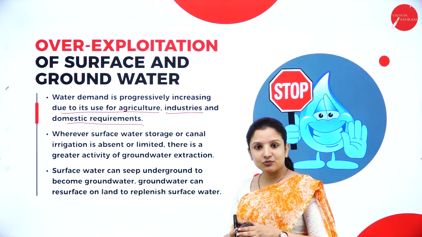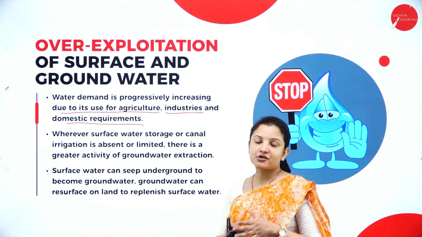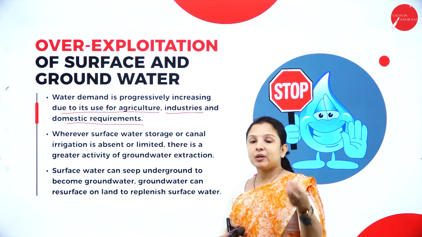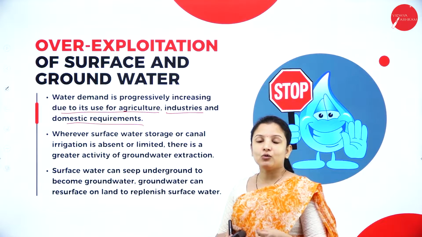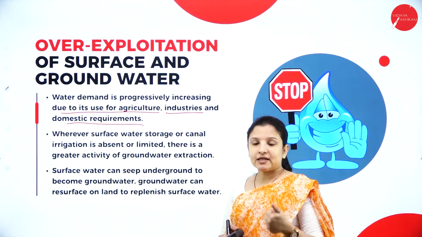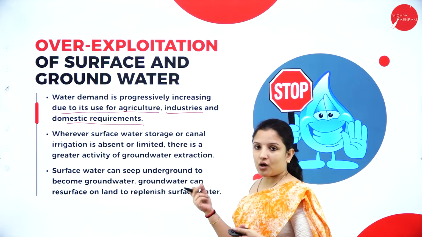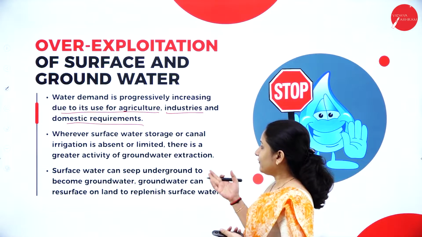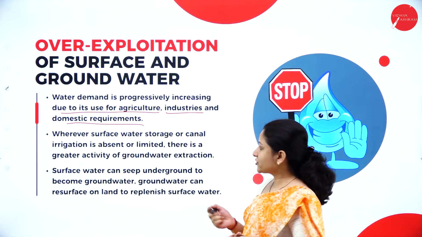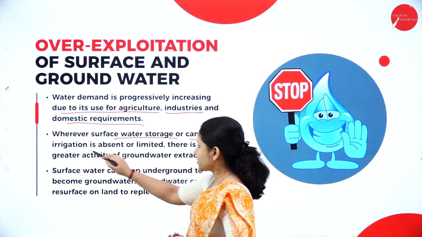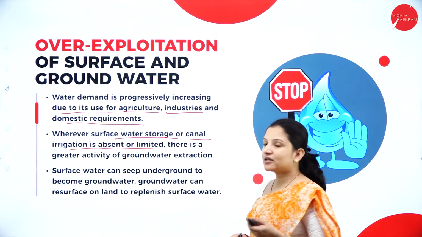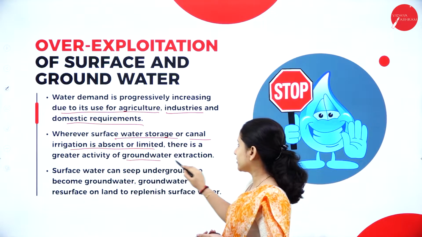And when the surface water completely gets diminished or is reducing, people will start depending on the groundwater in the form of wells and in the form of bore wells. So, that is how they make use of the groundwater as well. So, wherever surface water storage or canal irrigation is absent or limited, there is a greater activity of groundwater extraction.